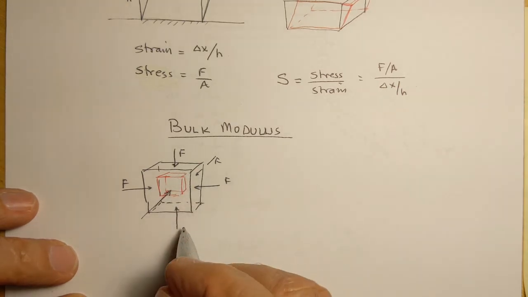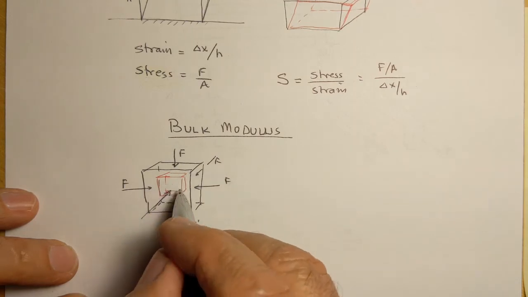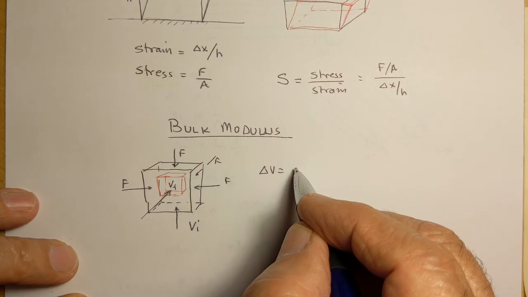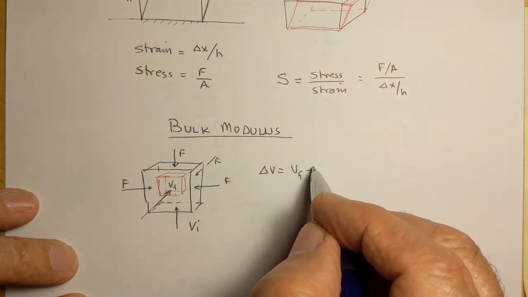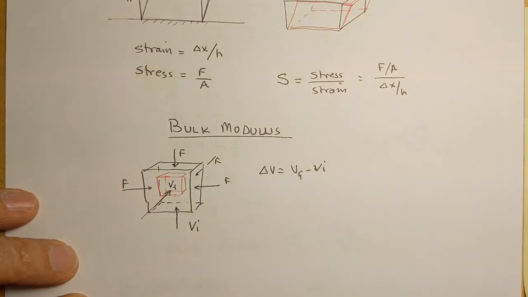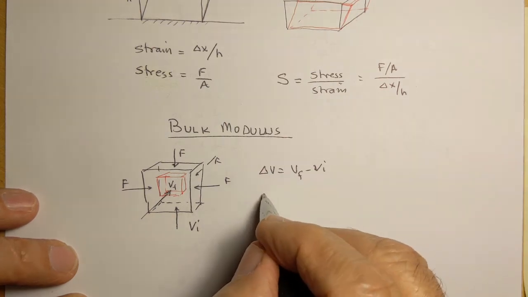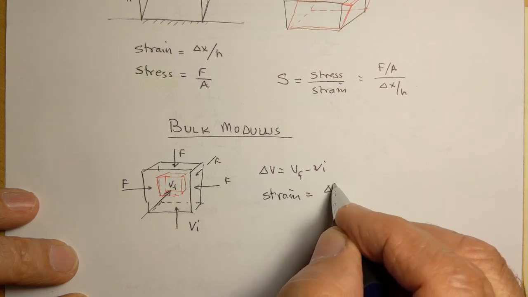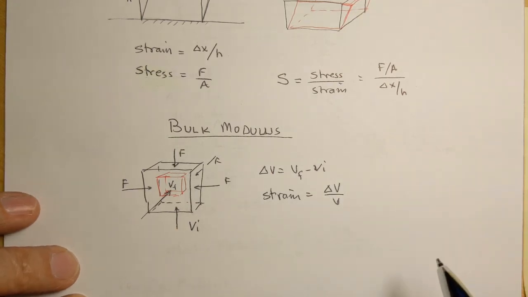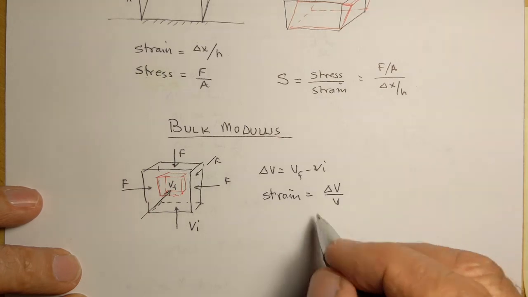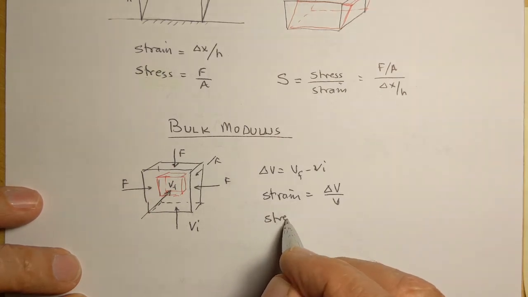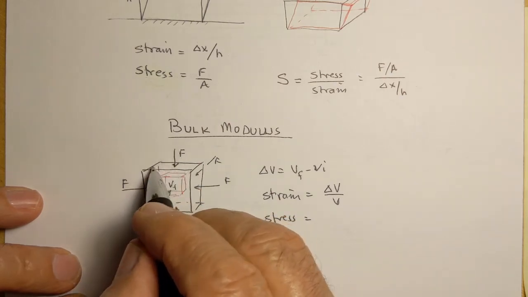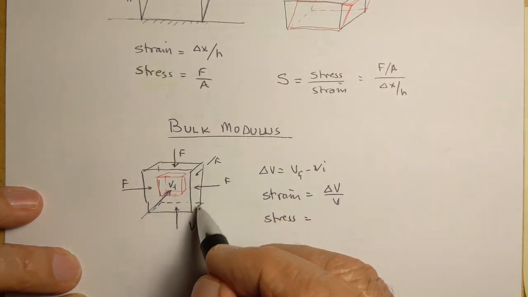So we have an initial volume and we have a final volume, and so we have a delta V, which is final minus initial. So there's a change in the volume, and the strain is written as delta V over V. So that would be the strain, and the stress would be the force divided by this area, or this force divided by this area.